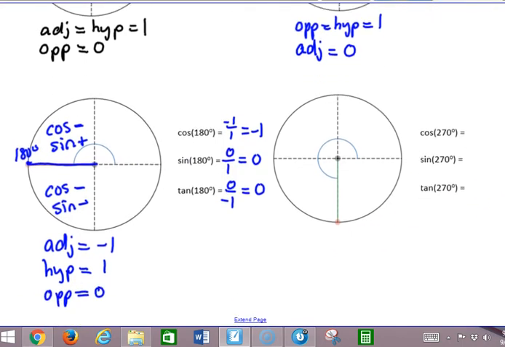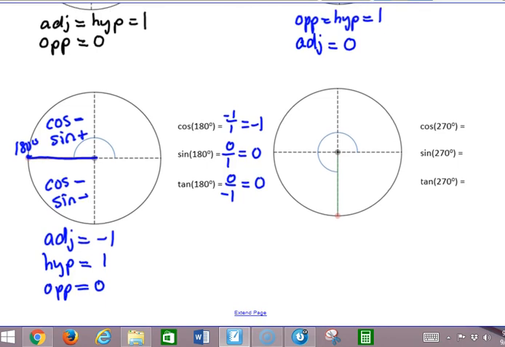Now when we get to 270, we're straight down here. I want you to notice when we're straight down, the vertical side is as long as it can get, so the opposite side now is negative 1. The hypotenuse is still 1, and the adjacent side is now 0 because there is no horizontal side to this.